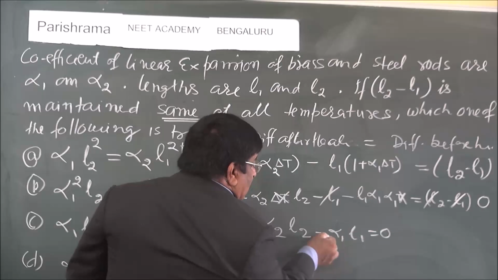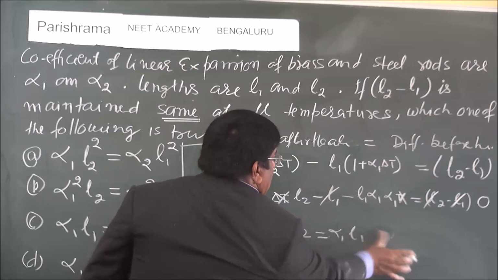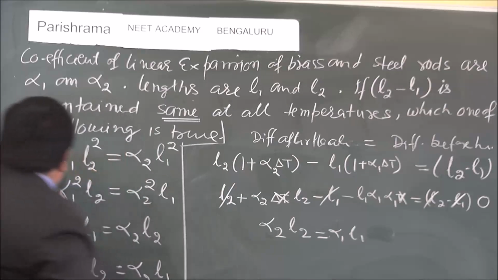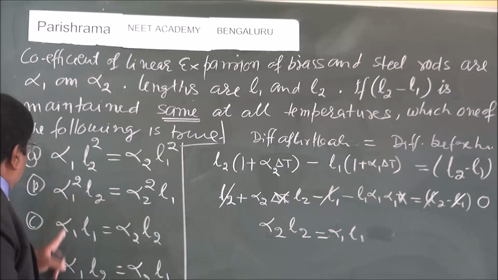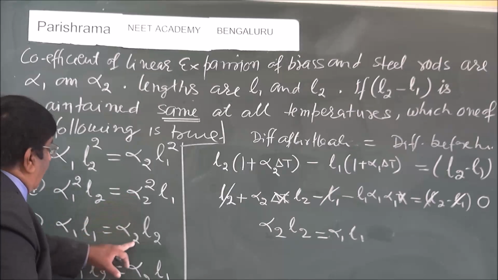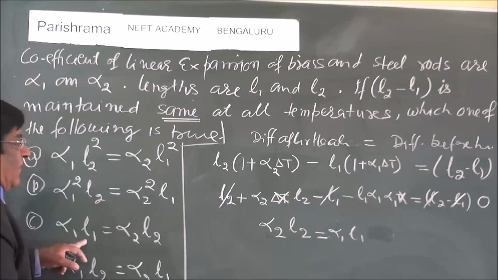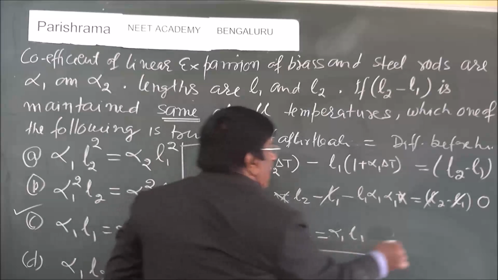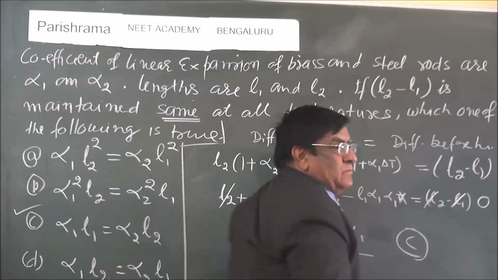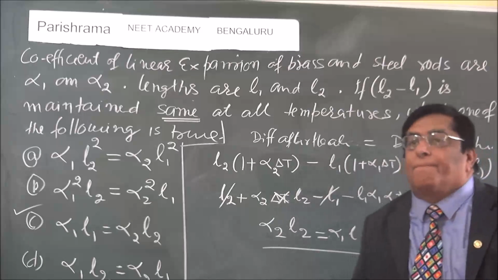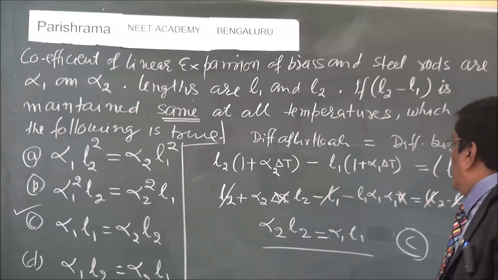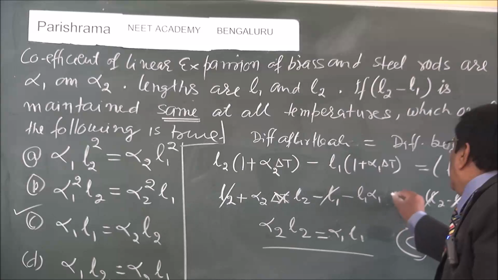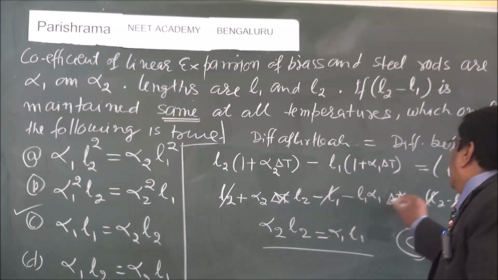Transfer it to this side. Alpha 2 L2 is equal to alpha 1 L1. So we have this option C.